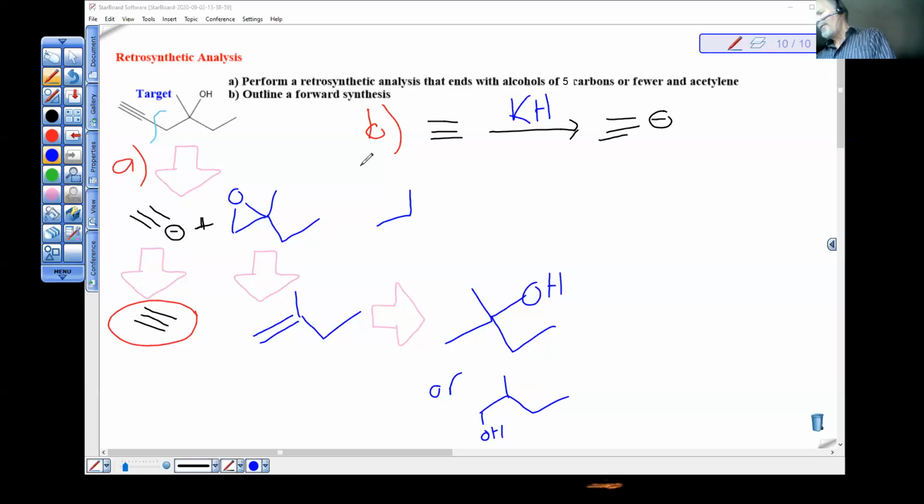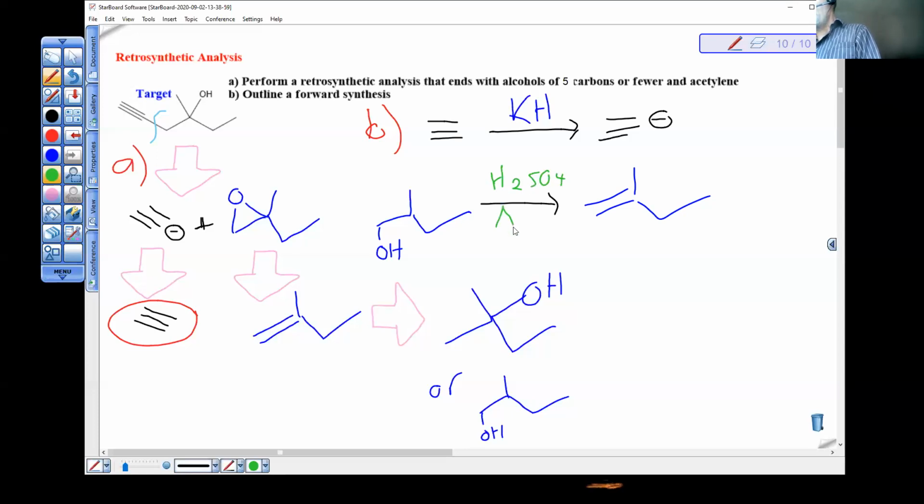Once again, if you gave me this one, worst case scenario, I'd take a half point off because you don't get as good a yield. That's not the end of the world. And we react that with the chemicals that allow the dehydration of alcohols. I think this is the third time we've seen it today, maybe just the second. H2SO4 with heat. Little note.